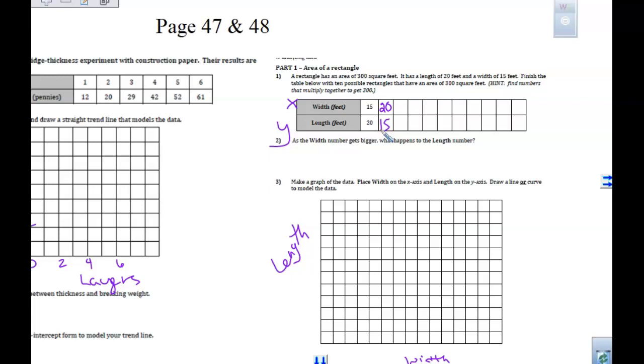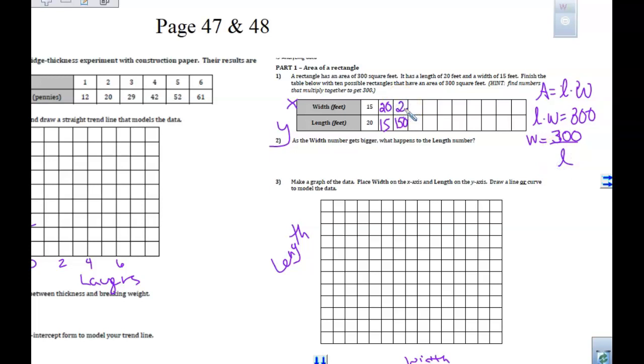I wouldn't go more than half. So the biggest number I might have is maybe my length is 150. What does the width have to be? The key thing, area equals length times width. And we said our length and width have to be equal to 300. So if I know the width, or I know the length, I'm going to take 300, and if I divide by 150, what do I get?